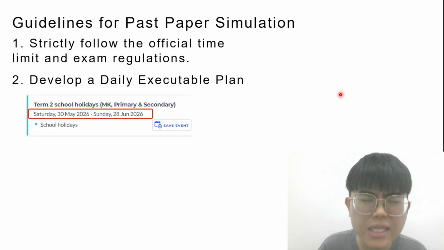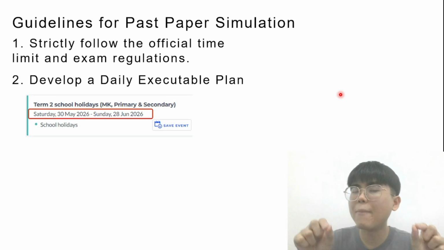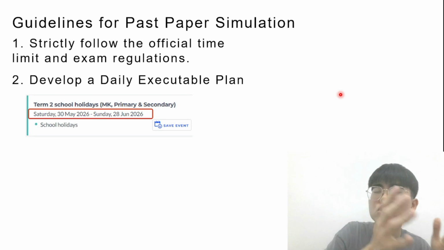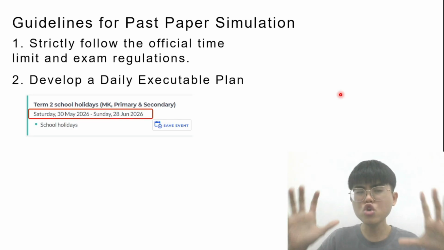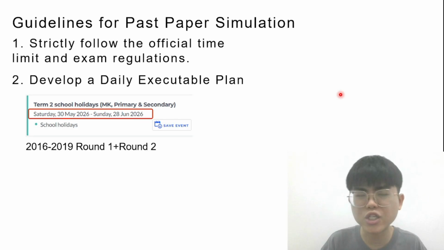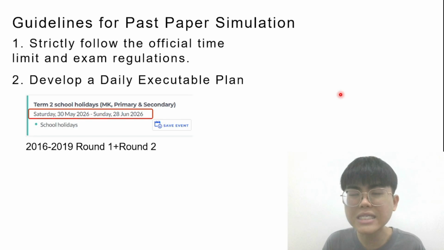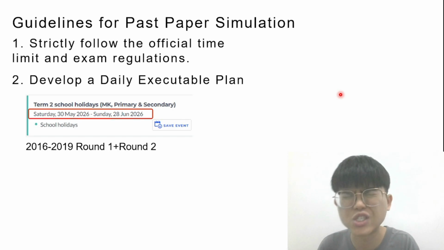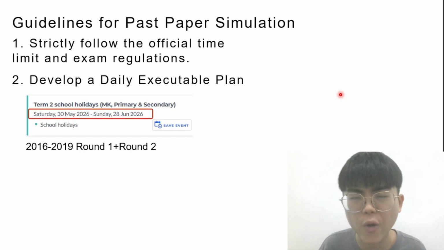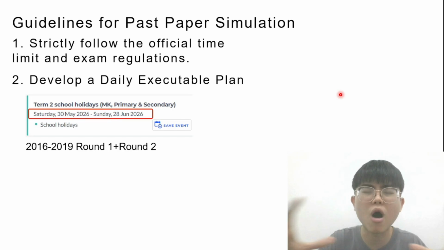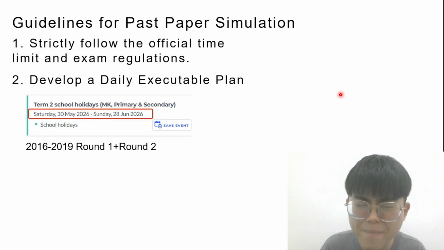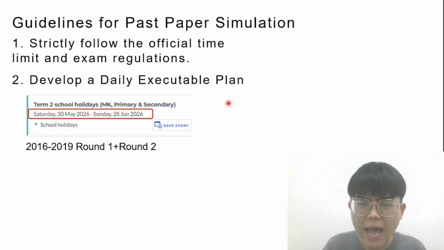In this June holiday, after you have done our NMOS book, which only has questions from 2021 to 2025, you can also try to do the past year questions before it, from 2016 to 2019. There is round 1 and round 2 questions. You can try to solve all those types of past year papers. So that is the daily executable plan.